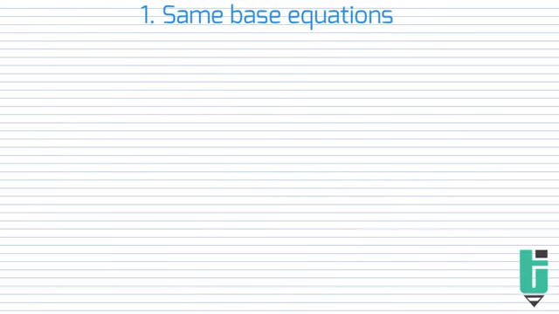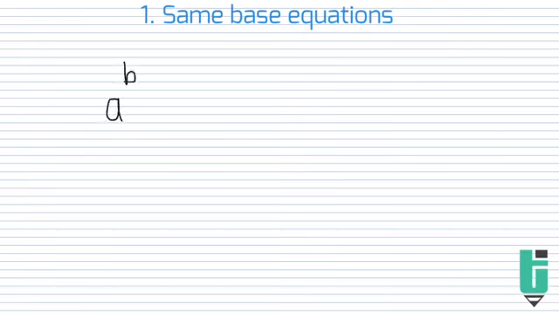Okay, so let's start with the first type of equation in this video. We'll be looking at what we call same base equations. Now, what do I mean by same base equations? Let's refer back to some revision. Say we have something in the form of a to the power b.